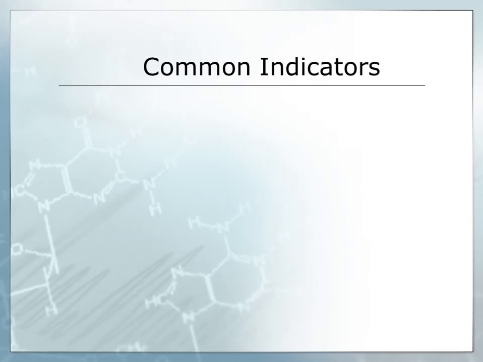But typically there are some common ones that we use when they will transition right around the neutralization point of pH 7, because oftentimes that's what our titration type lab experiments are looking for. When have we added enough of our titrant to neutralize the analyte?